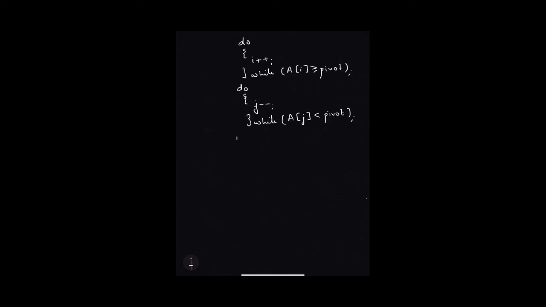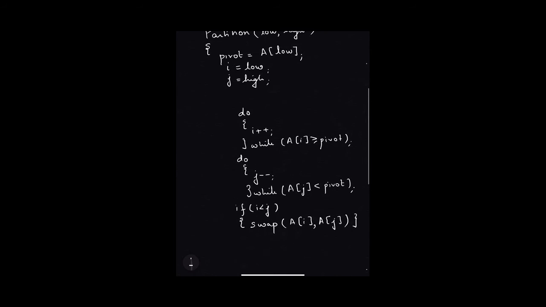Now, if your value of i is less than j, then you have to perform a swap operation between these elements A[i] and A[j]. The elements at the i and j locations get swapped. So the whole process continues till my i is less than j.